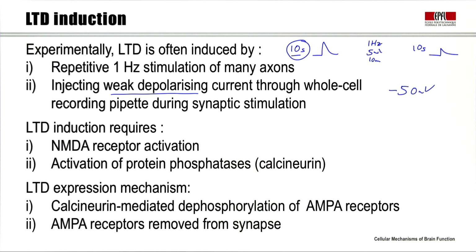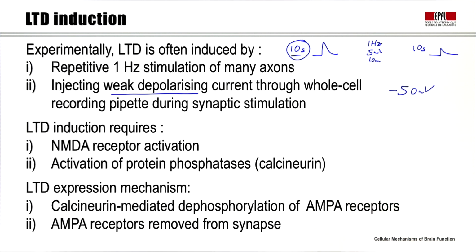Downstream of NMDA receptor activation, it's a little bit unclear what happens. Calcium rises, or at least cytosolic calcium is required postsynaptically, but it's also possible that the NMDA receptor has additional signaling capabilities, and it may be that protein-protein interactions between NMDA receptors and other signaling proteins in the postsynaptic density are actually the ones that affect the expression of long-term depression.